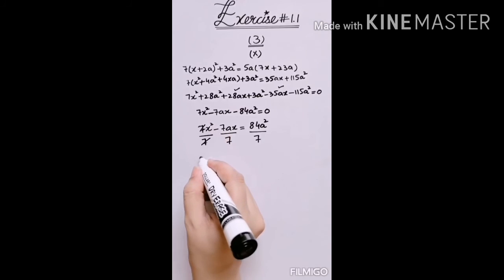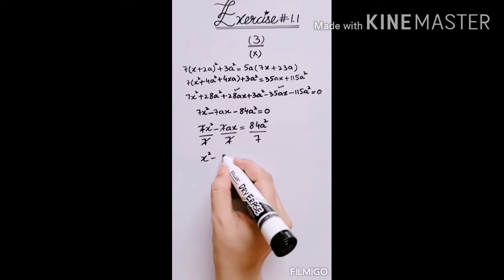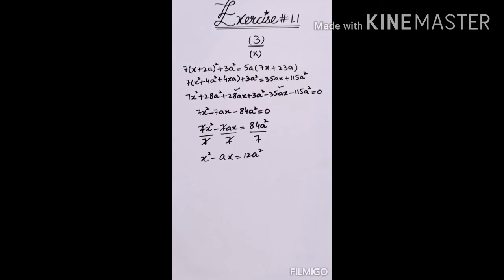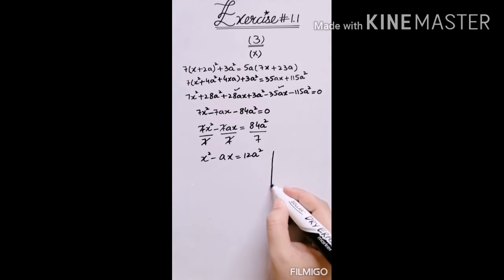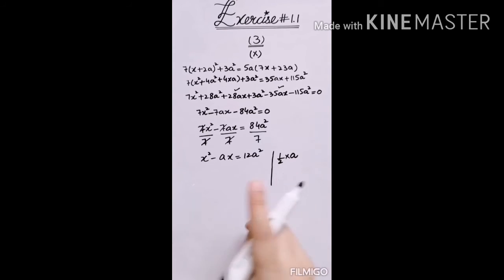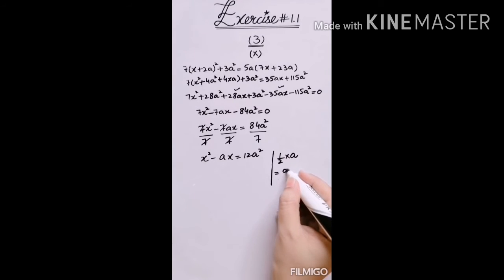7 will be cancelled. It will be x square minus ax is equals to 12a square. Now we have to multiply 1 by 2 with the coefficient of x without the sign. Coefficient of x is a. We will multiply with 1 by 2. The new number we will get is a by 2.